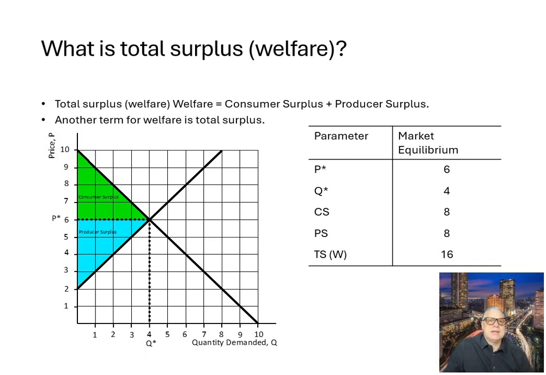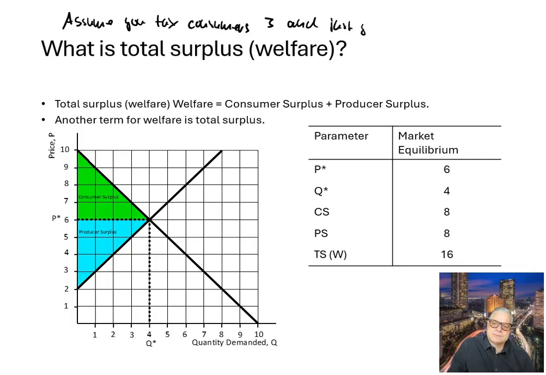Let's say you tax consumers 3, and just give it as a cash transfer.